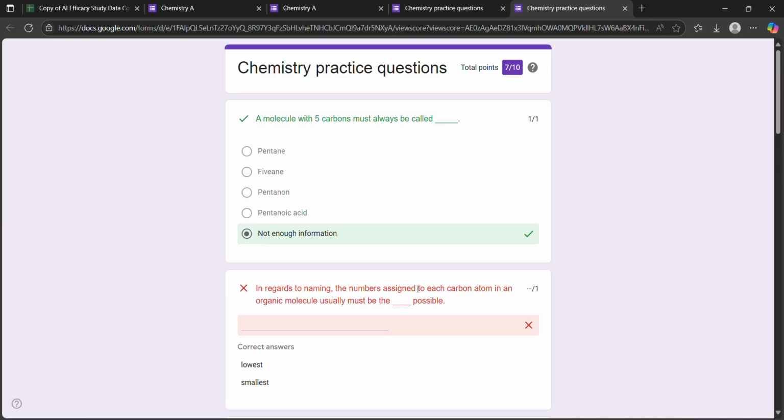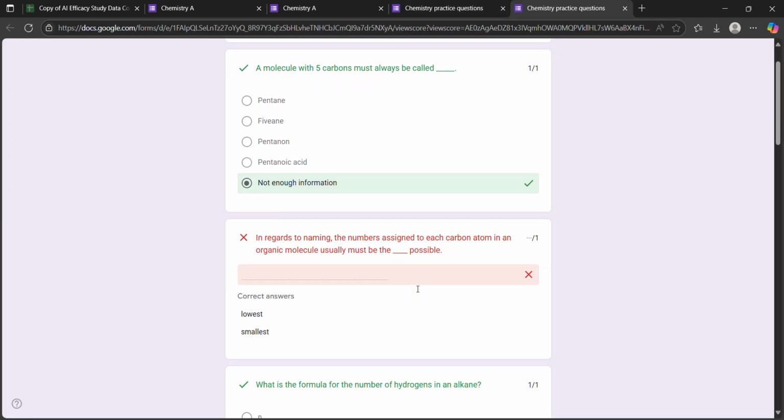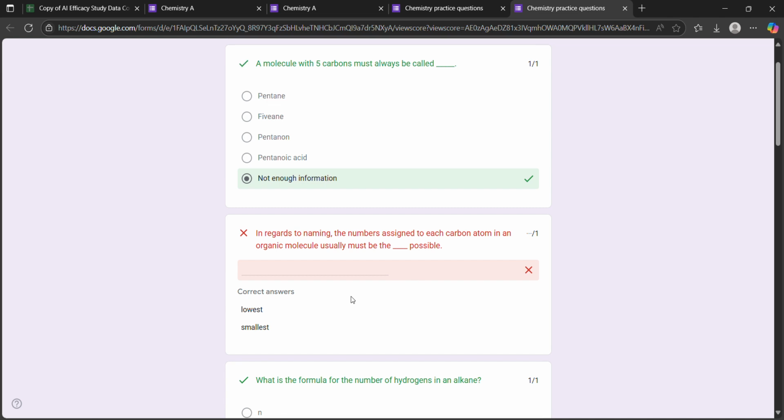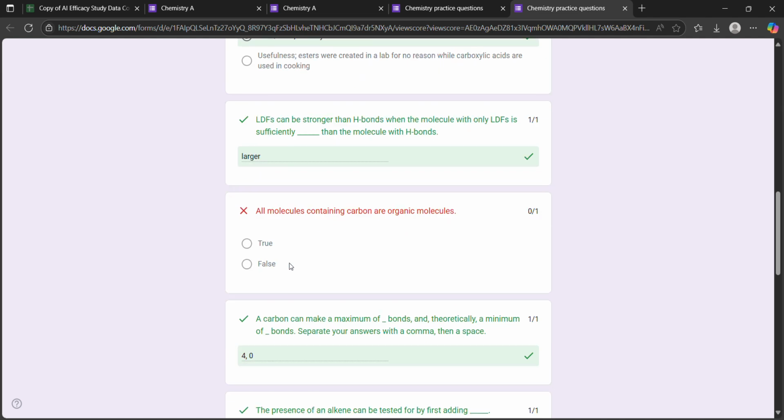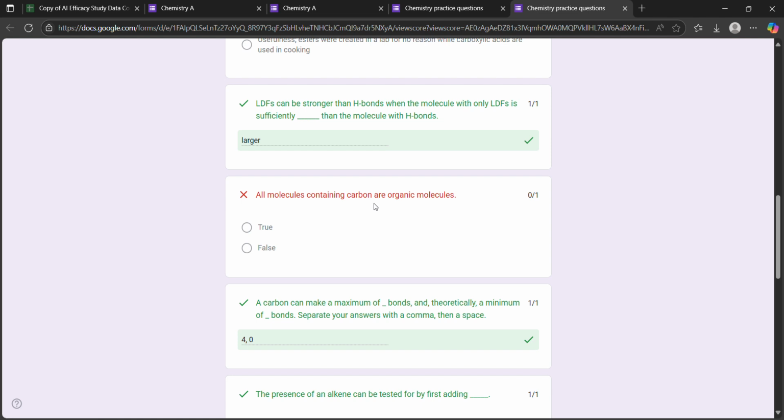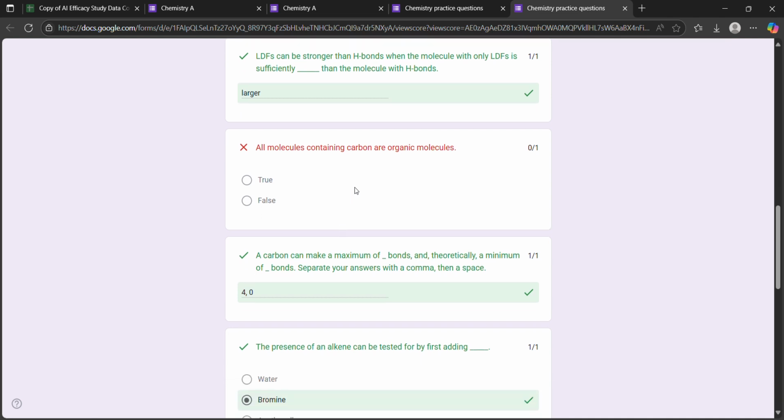View score. Lowest or smallest? Okay, so this I got wrong. All molecules contain carbon or organic molecules. So this was false. I think we missed this question.